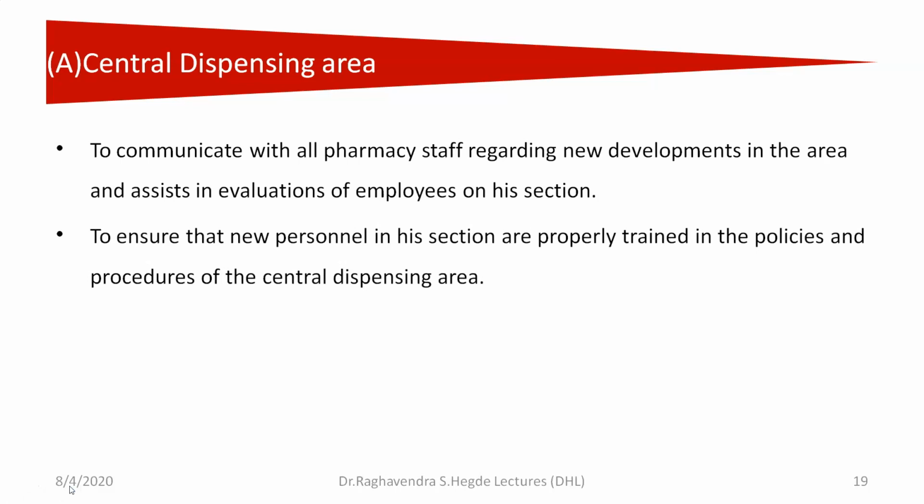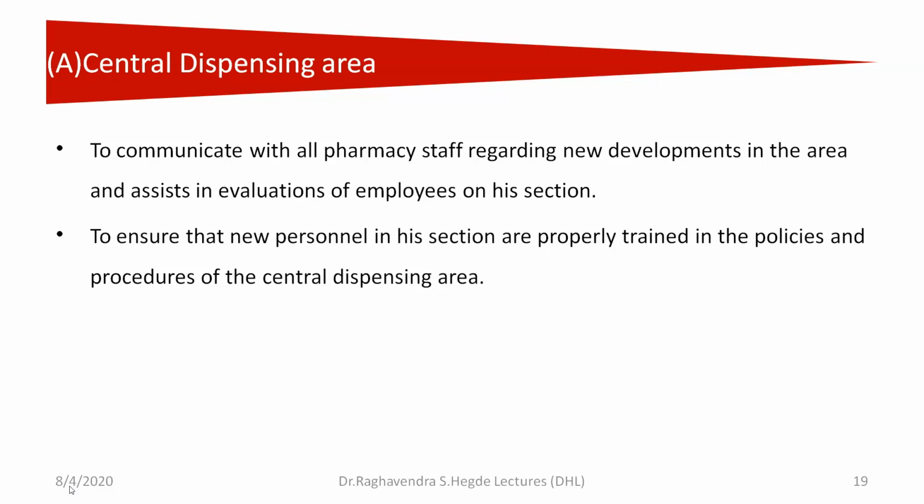To communicate with all the pharmacy staff regarding new developments in the area, you are assisting with all those things, what information you have gathered, you have read, to your subordinate staff or your junior staff, to ensure that new personnel in this section are properly trained in the policies and procedures of the central dispensing area.